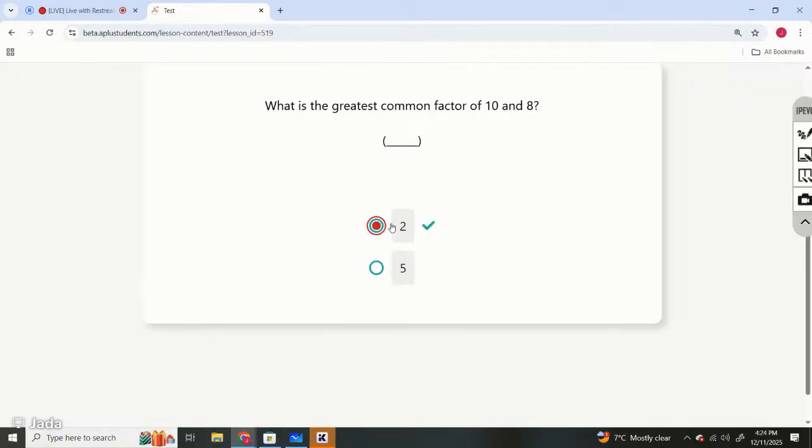Option 2 is the only number that can divide 10 and 8. What is the greatest common factor of 6 and 9?